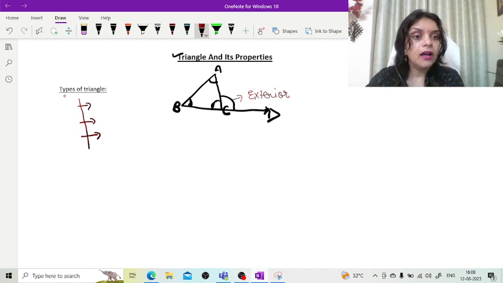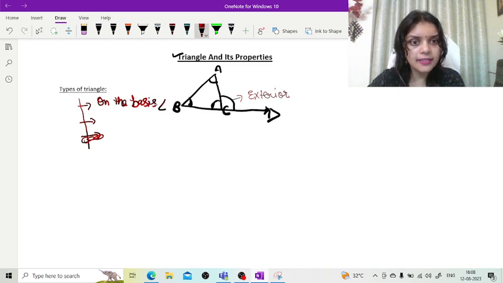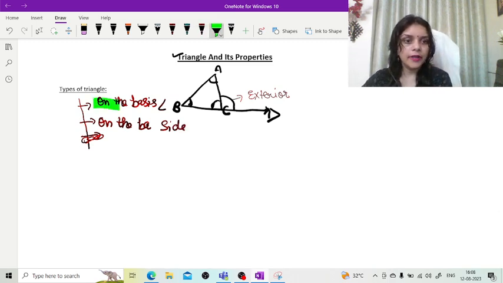See, there are two types of triangle. The first one is on the basis of angle, this is the symbol of angle, and the second is on the basis of side. So two types of triangle, on the basis of angle and on the basis of side.